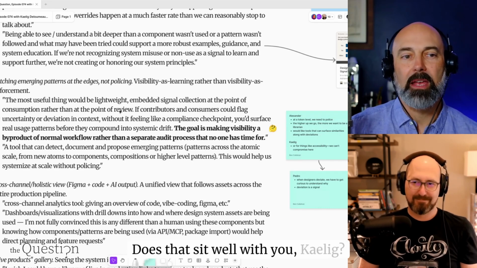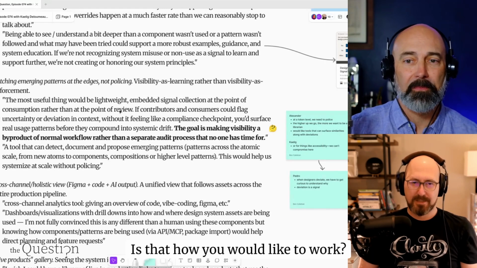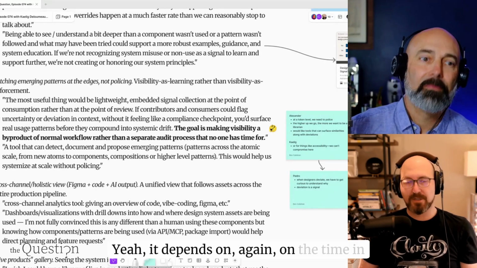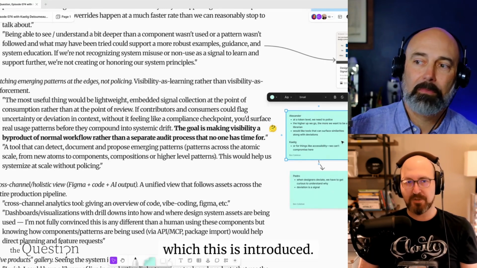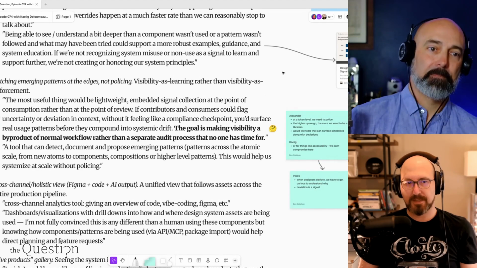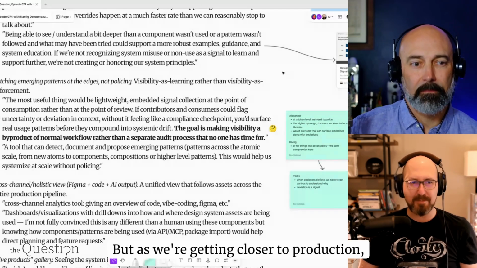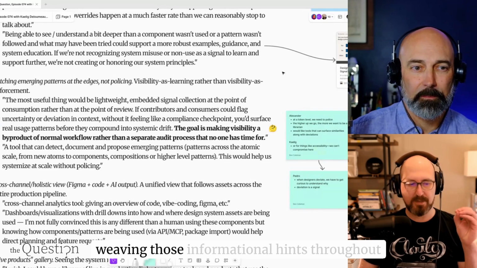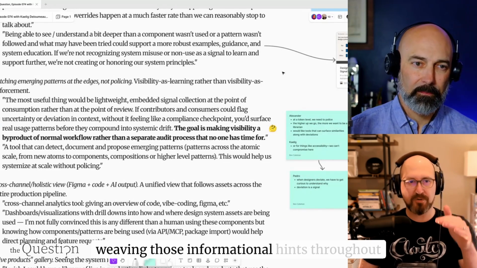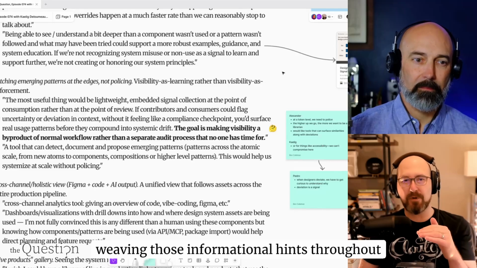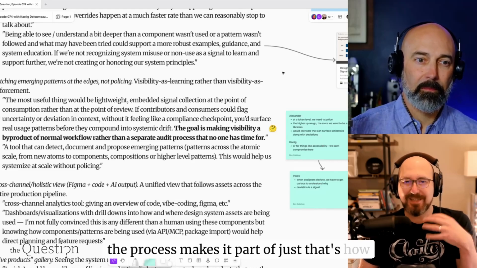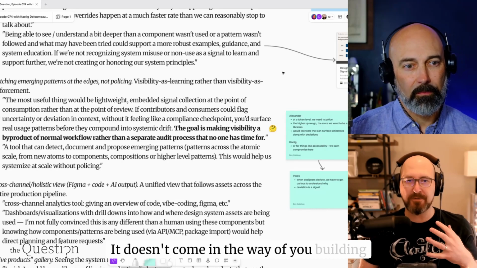Does that sit well with you, Kaelig? Is that how you would like to work? Yeah, it depends on the time in which this is introduced. But as we're getting closer to production, absolutely, weaving those informational hints throughout the process makes it part of how you work. It doesn't come in the way of you building great product.